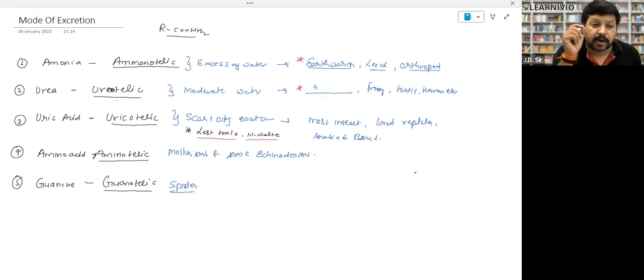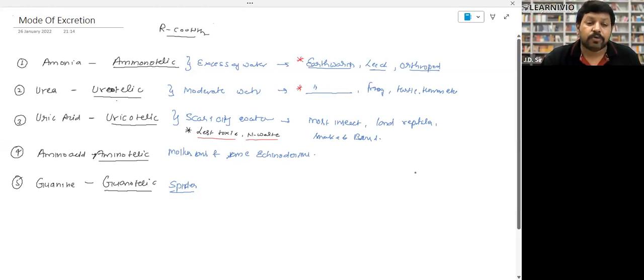So ammonotelic organisms are generally found where water is present in excess. Examples of ammonotelic are earthworm, leech, and arthropods. Clear? Now the earthworm falls in both ammonotelic and ureotelic.